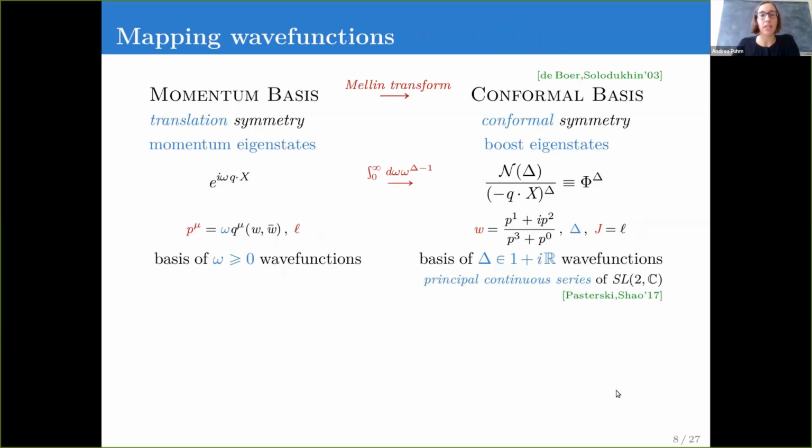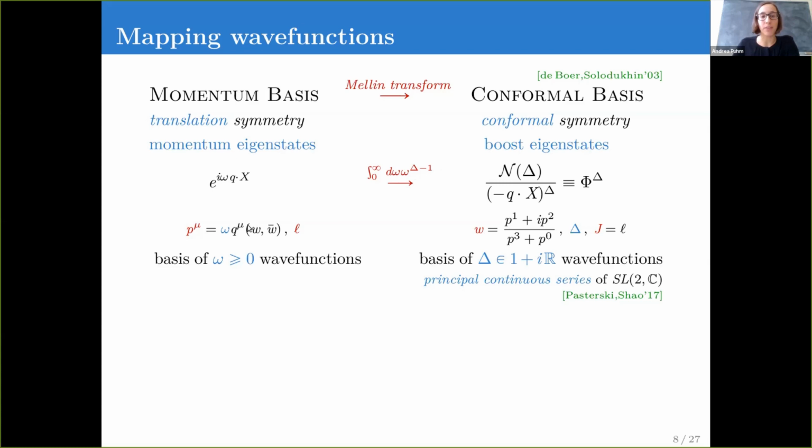Underlying this equivalence is a change from the usual momentum basis that makes translation symmetry manifest to a new basis that makes conformal symmetry manifest. This basis change is achieved by an integral transform called a Mellin transform, which in this context is given by an integral over the energies from 0 to infinity with this factor energy to the power delta minus 1.